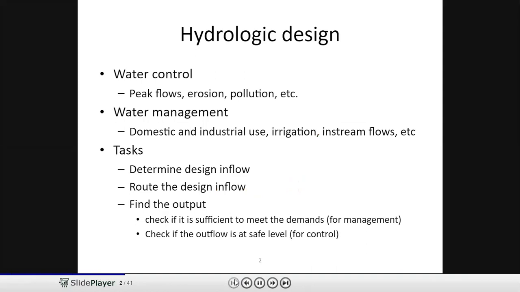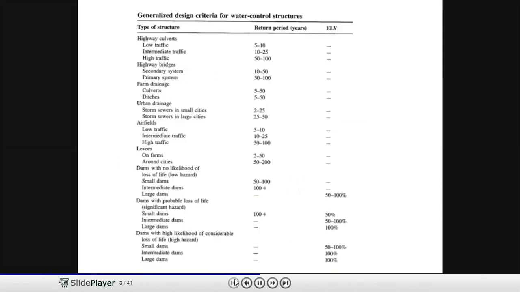Hydraulic design: water control, peak flows, erosion, pollution, etc. Water management, domestic and industrial use, irrigation in streams.